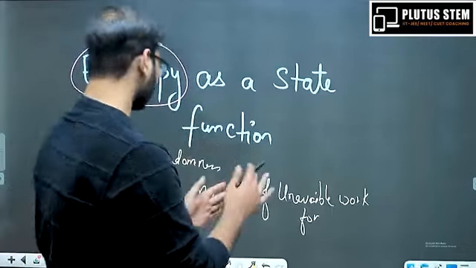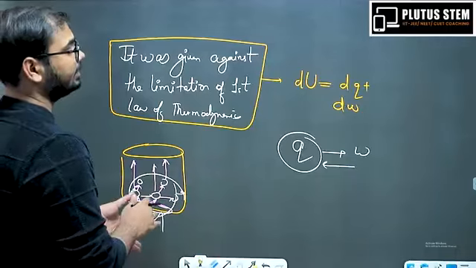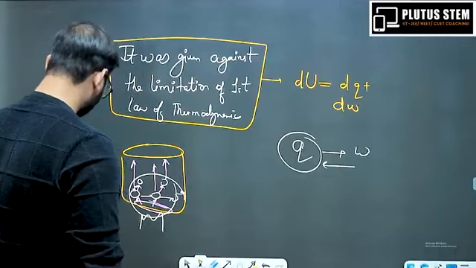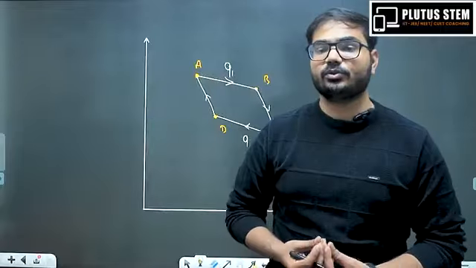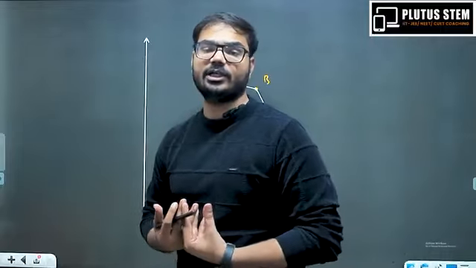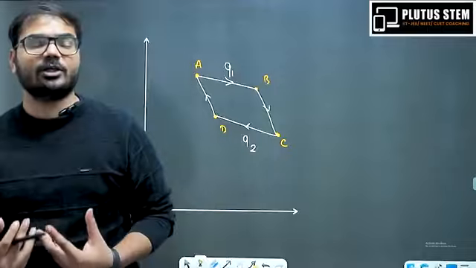Now, to explain it in a better way, let's move to the Carnot cycle, because it is the Carnot cycle that led to the discovery of the second law of thermodynamics. If the Carnot cycle had never existed, we would never have had the second law of thermodynamics.